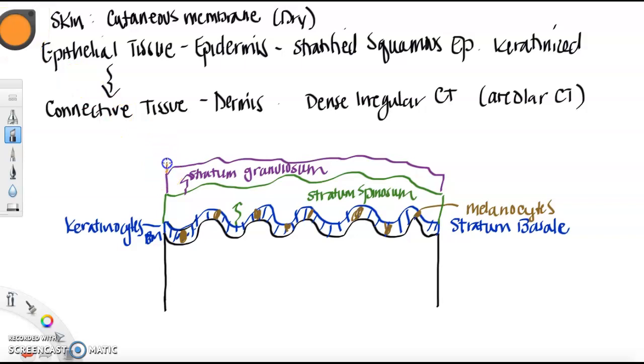So the next layer here is a very small layer, and this layer that I'm putting in here only exists in thick skin. This is called the stratum lucidum. They're still secreting lipids, and they're getting all keratinized.